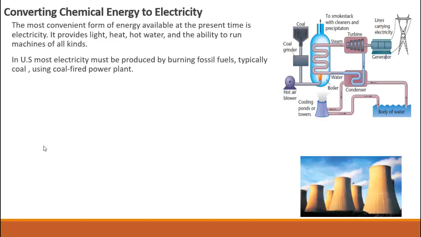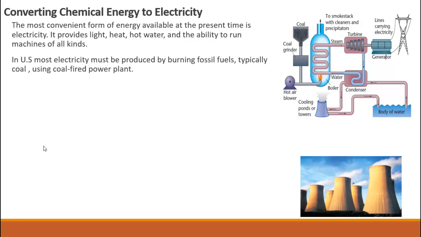Now, how do we convert chemical energy to electricity? Electricity is the most available form of energy. It provides light, heat, hot water, and the ability to run machines of all kinds: televisions, computers, fans, all the machines that use electricity to run.